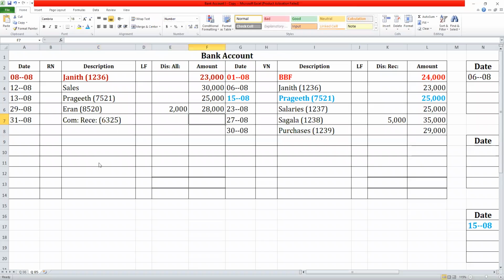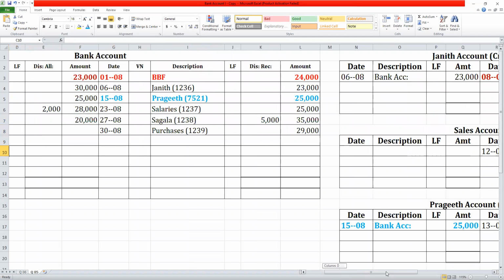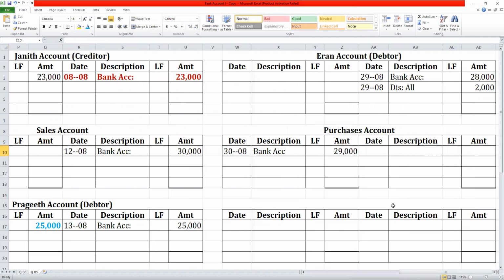And the amount of the check is 20,000 rupees. See, the bank account debits. Debit the bank account and credit the commissions received account. It is an income.